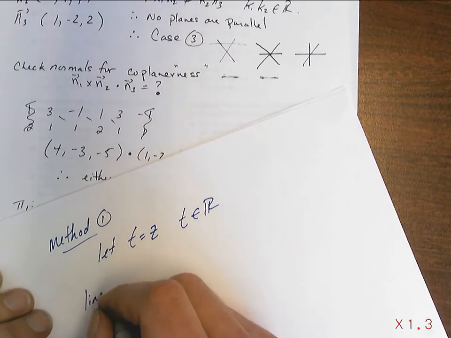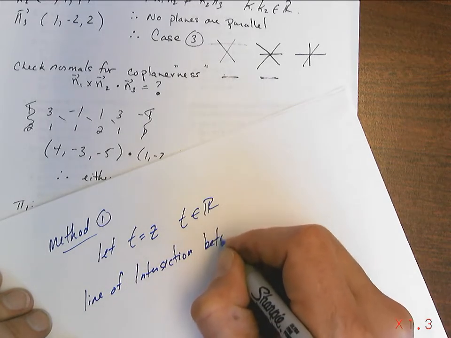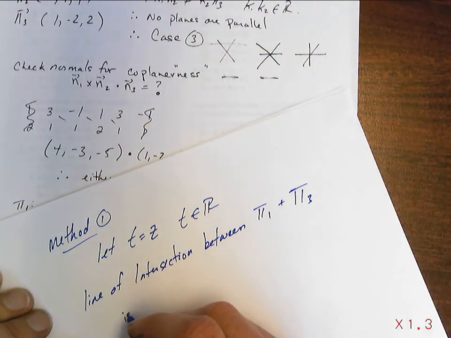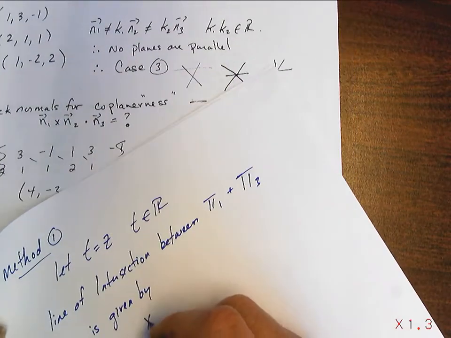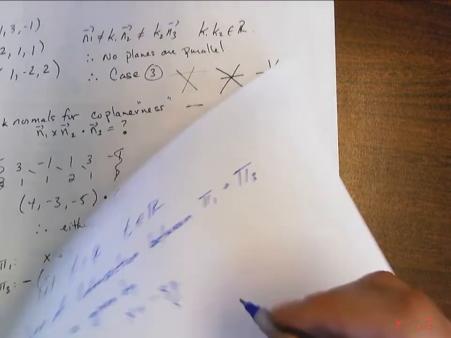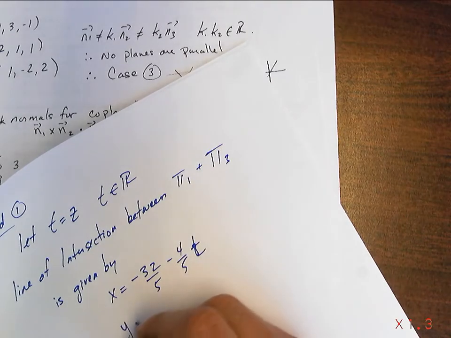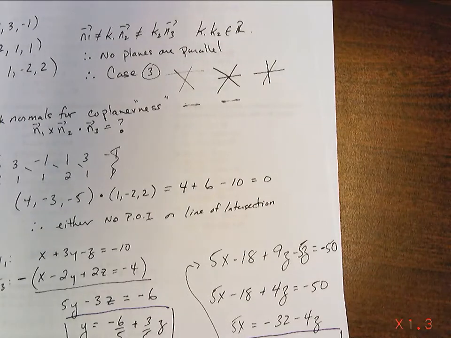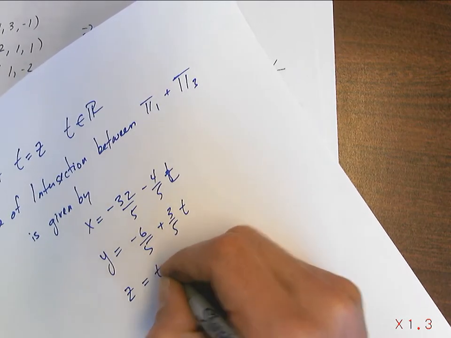And so the line of intersection between plane 1 and plane 3 is given by x equals negative 32 over 5 minus 4 over 5 t, y equals negative 6 over 5 plus 3 over 5 t, and z equals t.